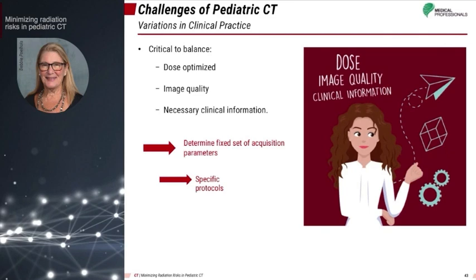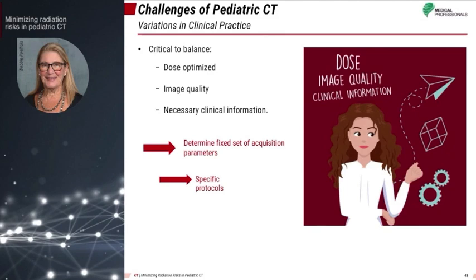In other words, decisions made by staff about technical parameters had the single greatest impact on variation in CT dose optimization.